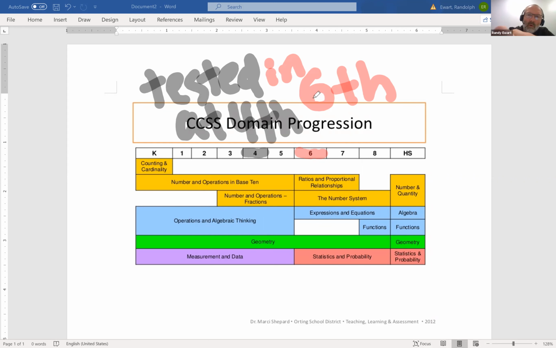Well, let's unpack that. If a student tested at a 4th grade level, that's the overall average, so to speak.